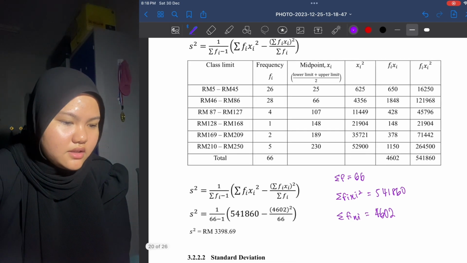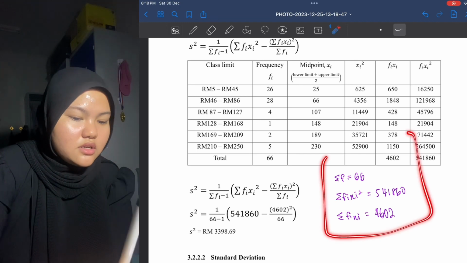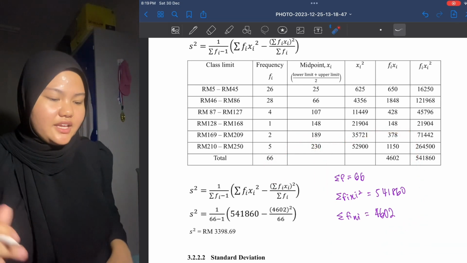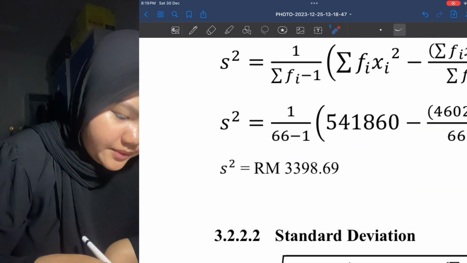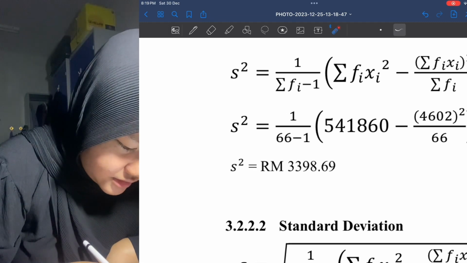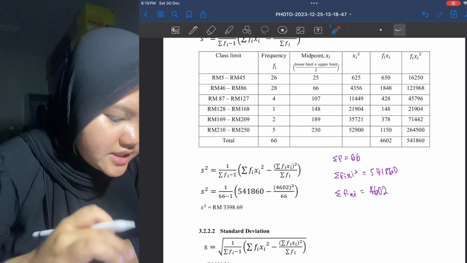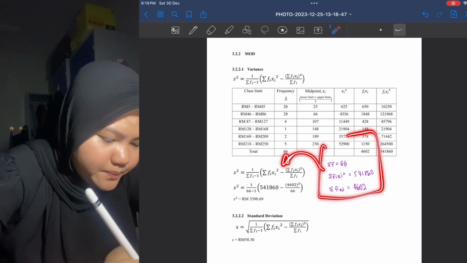Okay, just put all of these values into the formula, and then you will get this answer for the variance, which is 3,189 ringgit 69 cents. Just put this value into the formula.